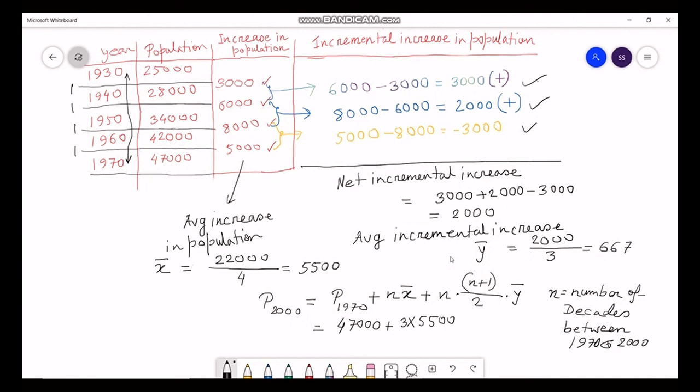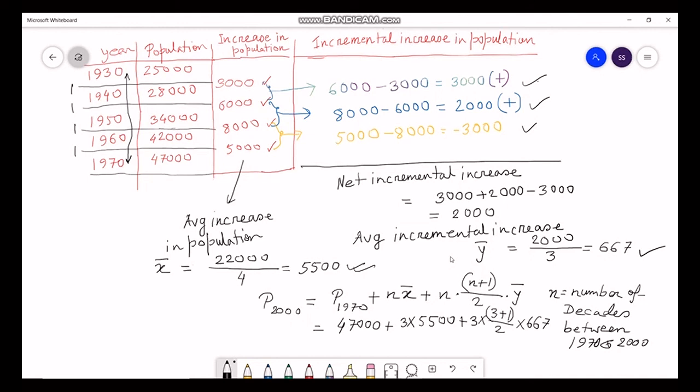We have got this from here, plus n equals to 3 multiplied by 3 plus 1 divided by 2, and y bar, that is 667. We got this from here.